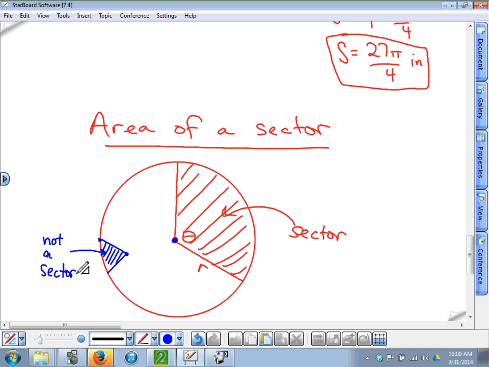It's not quite as easy a formula to remember. Here it is though: area, or A for area, is equal to 1/2 times the radius squared times the angle.